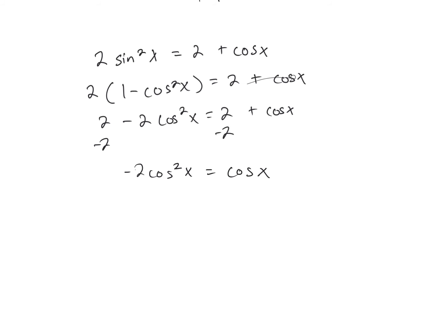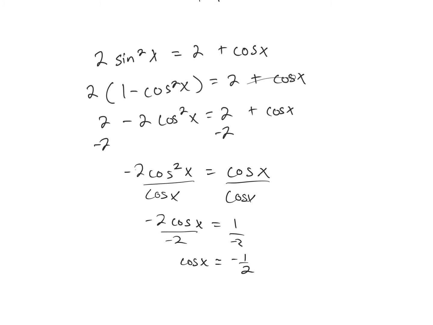I can divide both sides by cosine of x. I am left with negative 2 cosine of x must equal 1. Now divide both sides by negative 2. So cosine of x should equal negative 1/2.